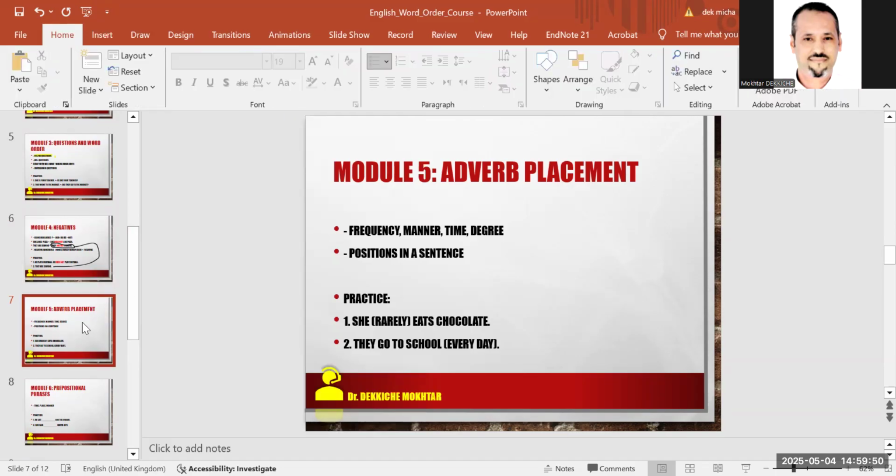Adverbial placement. Let's move to the adverbial placements. Adverbs describe how, when, where, and how often an action occurs.